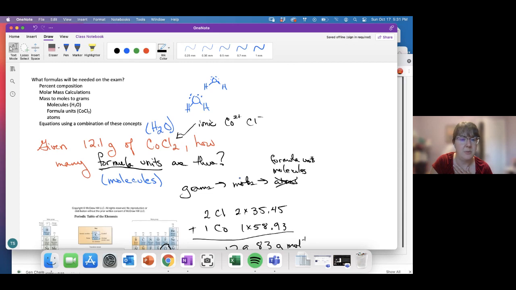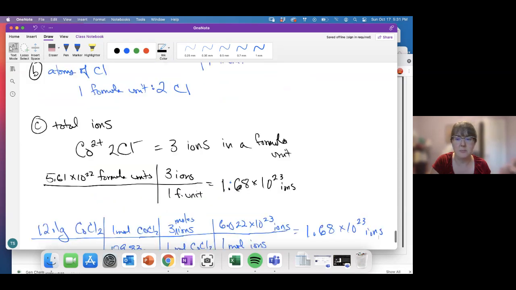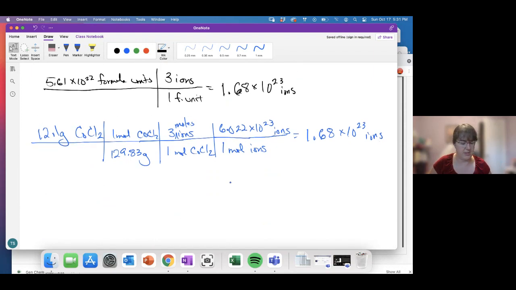So equations using a combination of these concepts, that was also what I was trying to do, is point out that we can go from grams to moles, moles to formula units, all of that jazz. I did go ahead and make an example calculation that does the percent composition to empirical formula, just because usually people are looking for more of those.